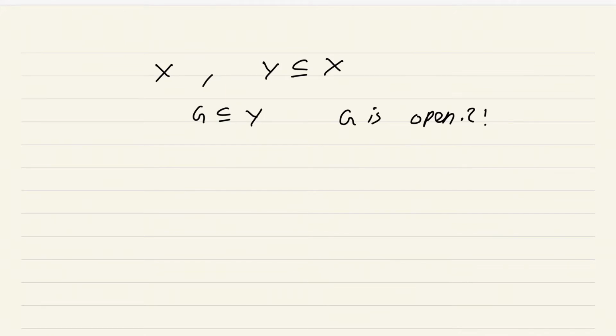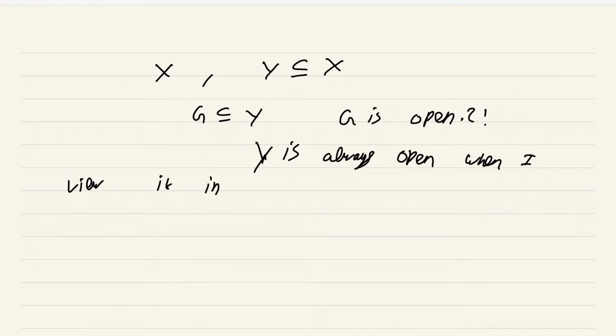To make this point that this is not a trivial statement, observe that this Y, if I treat it as a metric space in and of itself, this Y is always open when I view it in the metric space Y, right?